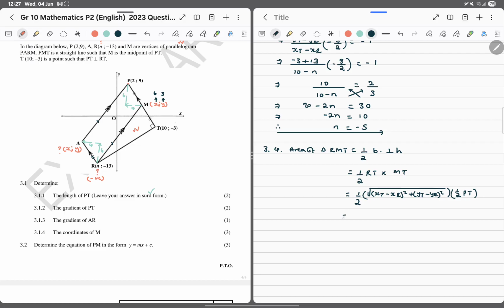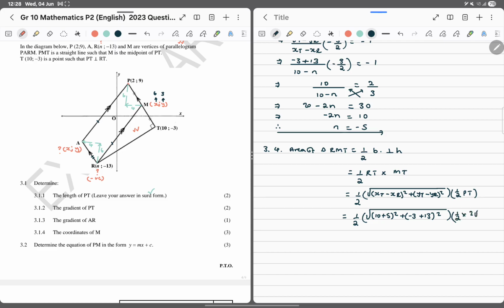Okay, so this is going to be a half of the square root of x at T, that's 10, minus 5 is going to be plus 5 squared, plus y at T is minus 3, minus 13 is going to be plus 13, all squared, into a half times PT.